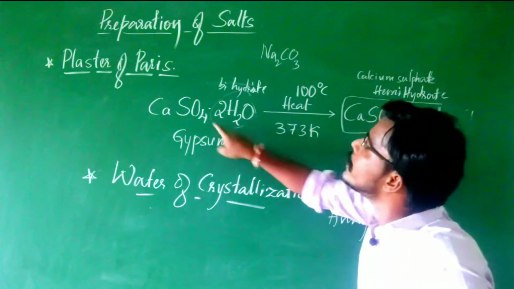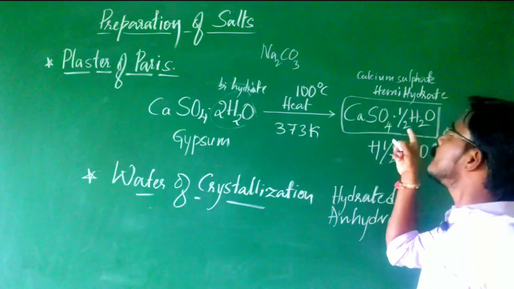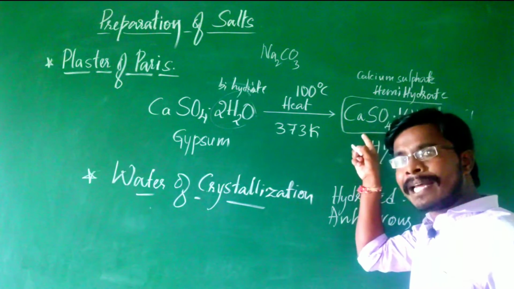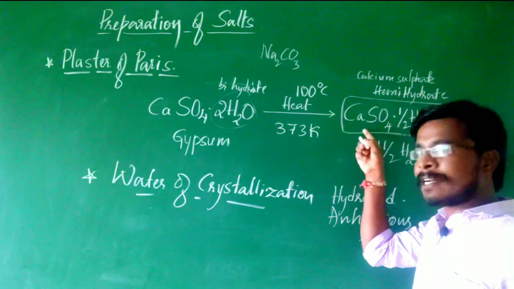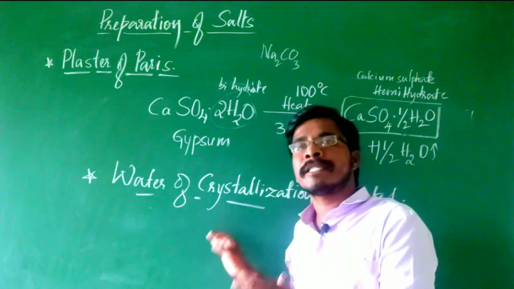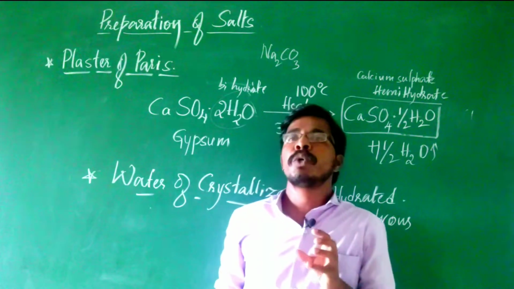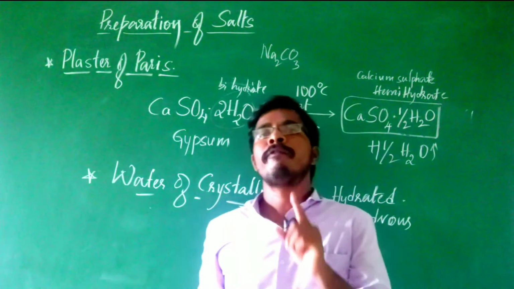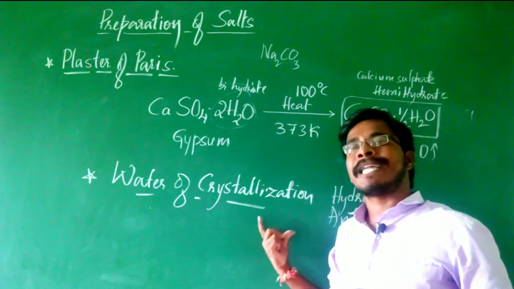If water molecules are attached, like in plaster of Paris, where half a molecule of water is attached, we can take this also as water of crystallization. So water of crystallization is nothing but the amount of water molecules attached to one formula unit of salt.